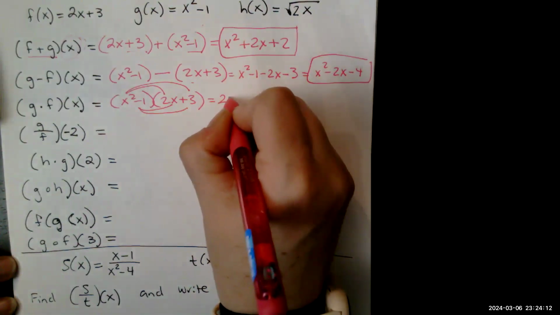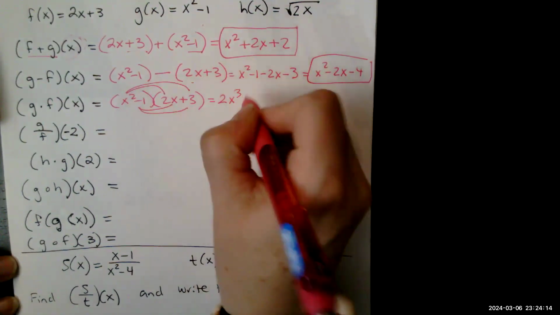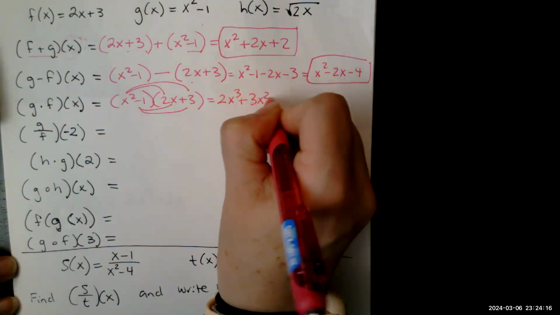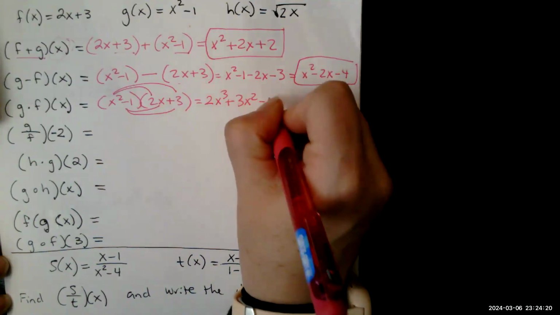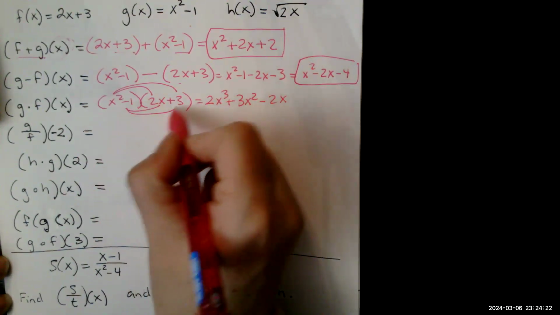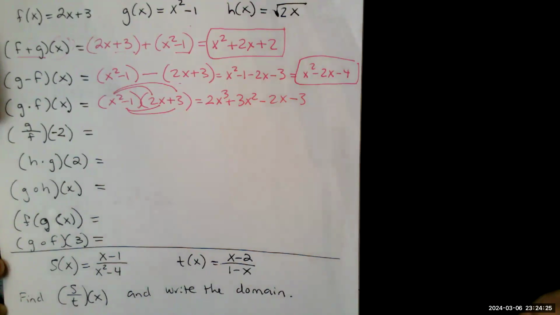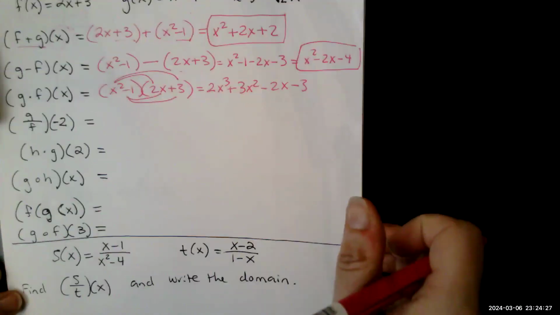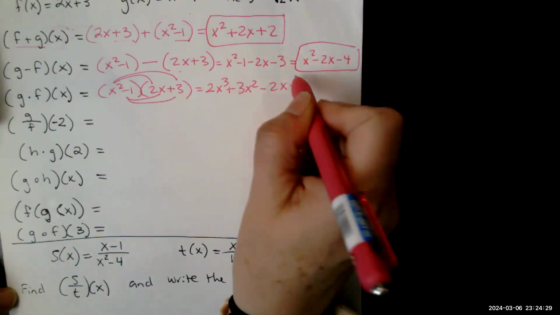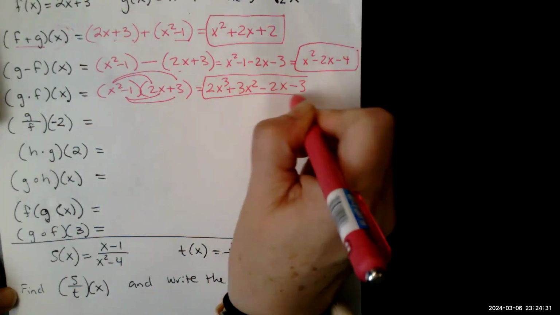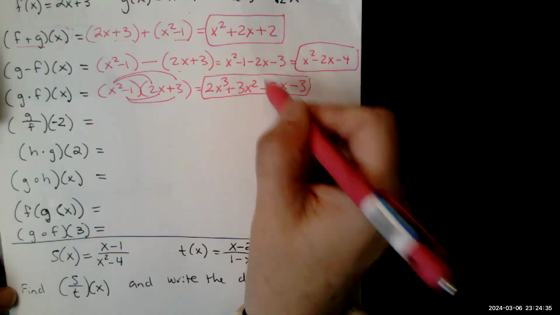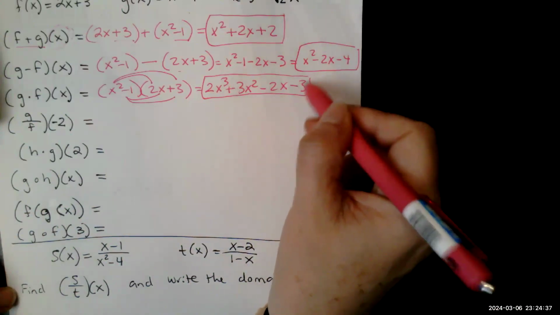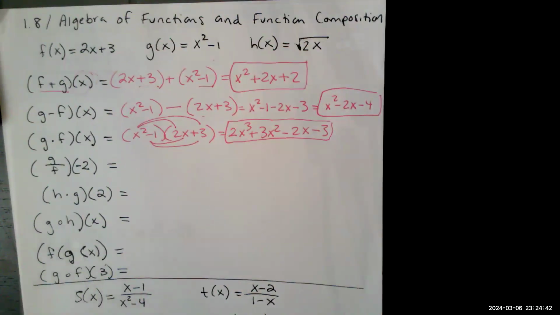So I would get 2x to the third plus 3x squared. Now I'm going to multiply the negative 1, negative 2x minus 3. And then just see if there's anything you can combine, which in this case, there is not, because there are no like terms. We have an x cubed, x squared, x, and just a constant by itself. So nothing can be combined.